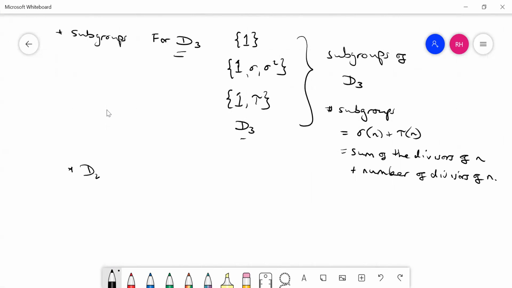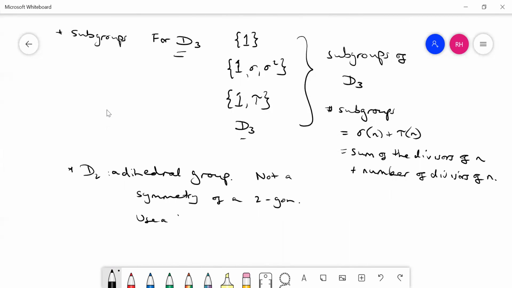Now, what about D2? That is a dihedral group, but it's not really a symmetry of a two-sided polygon. You would use a line, and then you would have the D2. It's basically just 1 and the reflection, or you could say 1 and the rotation.